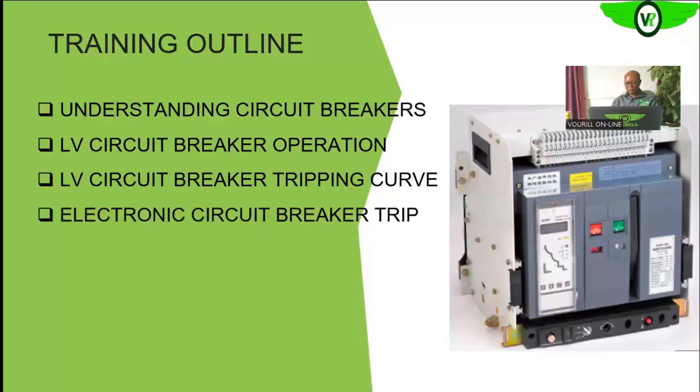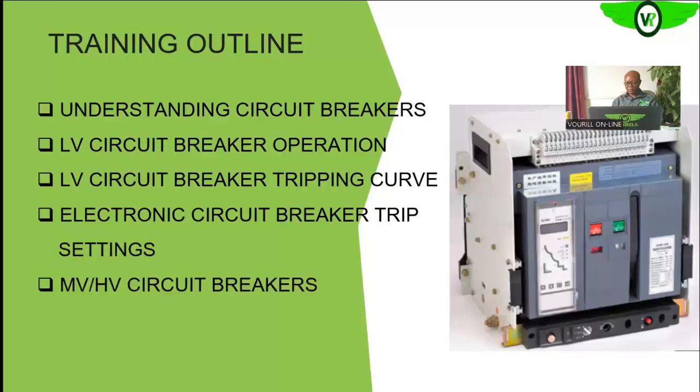We are going to look at electronic circuit breakers, the difference between electronic circuit breakers and the other thermomagnetic circuit breakers. We are going to highlight it in the course of this training, and how to set the tripping, that is how to parameterize the circuit breaker, okay? Such that it will be able to protect our circuit the way we actually want it. So the trip settings for the electronic circuit breakers, we'll look at them.